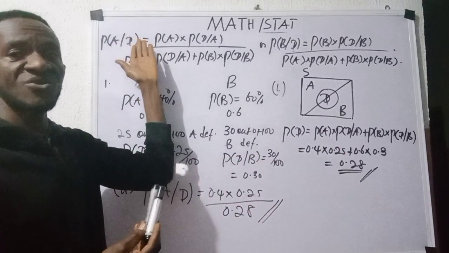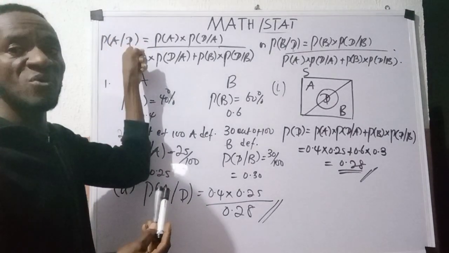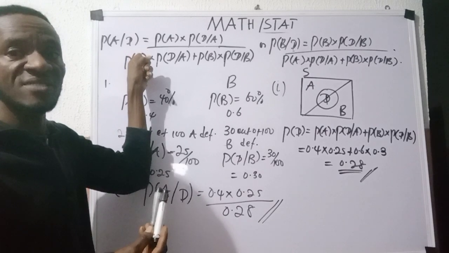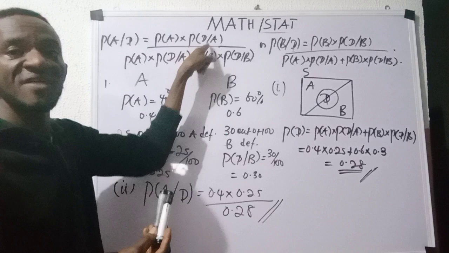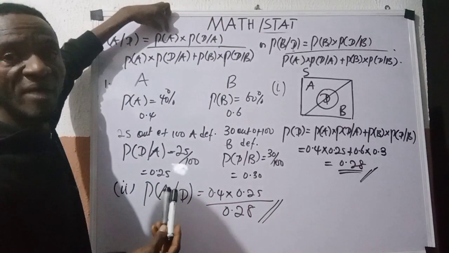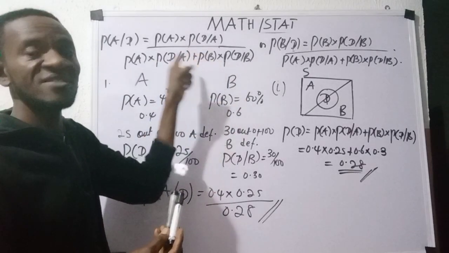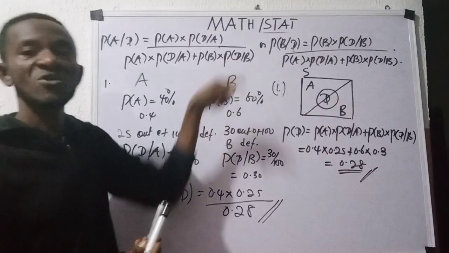Looking at this, you're already seeing that the probability of plant A, given that superimposed event, which is being defective or not being defective D, can be expressed as this. Plant A multiplied by defective given A, all over. Whatever you have in this numerator is, of course, what you have in the denominator. The only difference here is you talk about plant A, which is what is here. You equally talk about plant B.